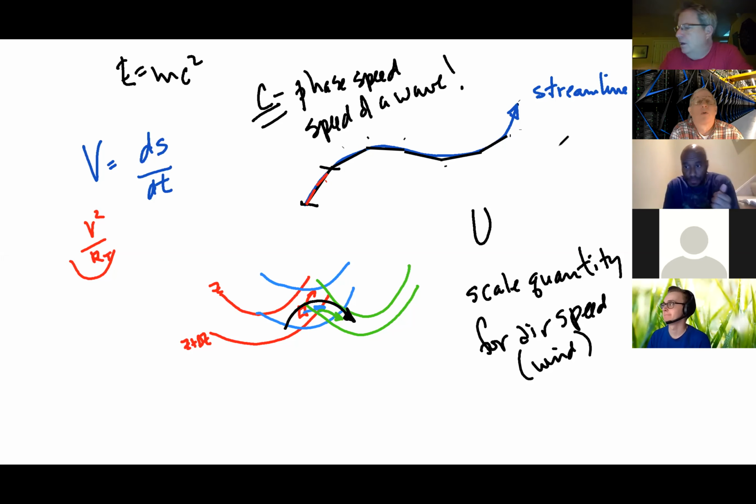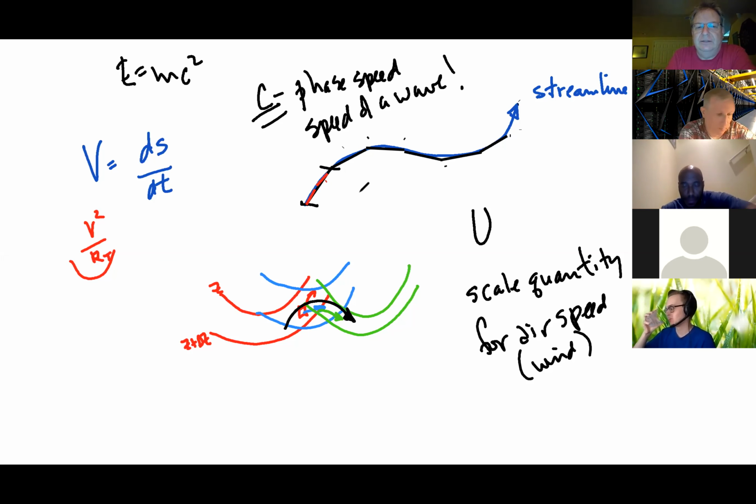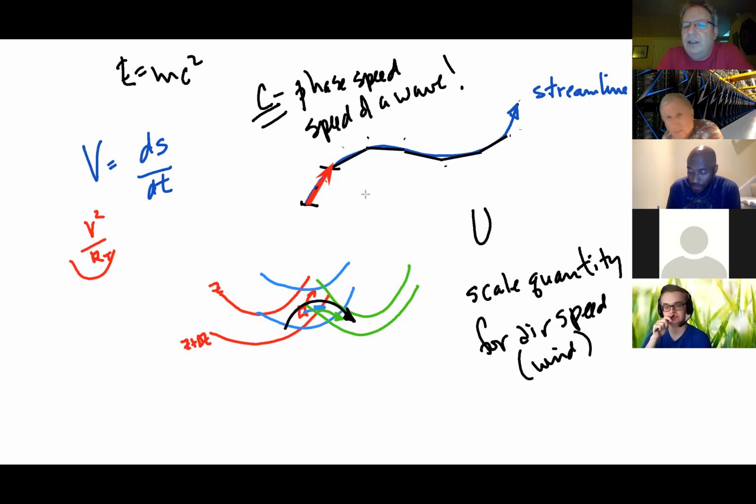Yep. Okay, so now we want to go back to this V, because now we're going to make some more sense of this. Anything that's along a streamline is the velocity. So how fast I move from, let's say, here to here. I'm moving along a streamline, and I go a certain distance along the streamline.